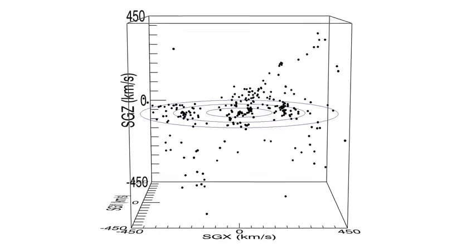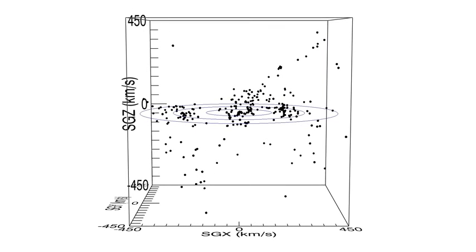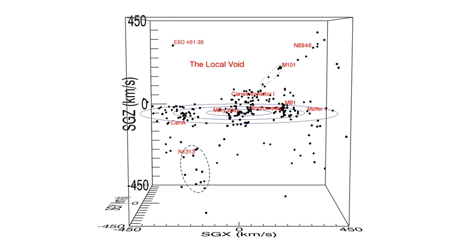There is a very empty sector above this plane, the local void. We call the flattened distribution of nearby galaxies the local sheet, and we see that it is a wall bounding the local void.